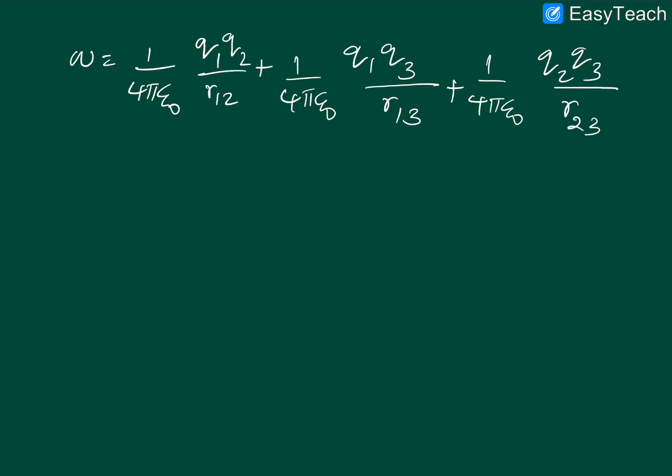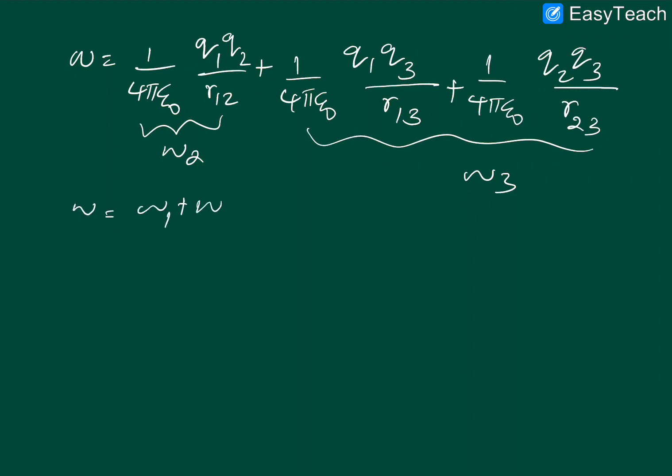So this is W2, this is W3, and W1 is 0. Hence net work done is W is equal to W1 plus W2 plus W3.